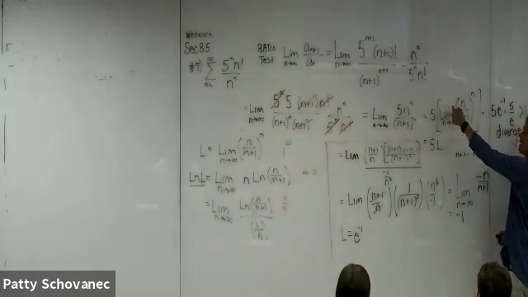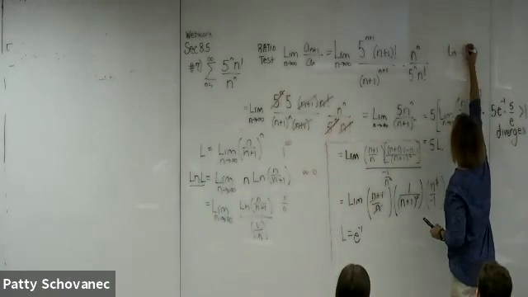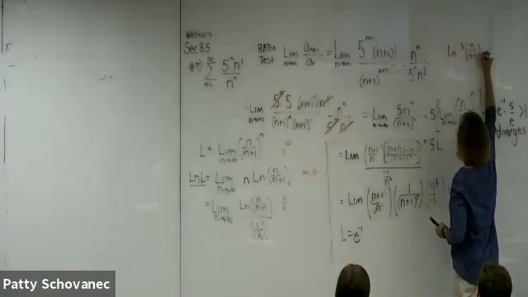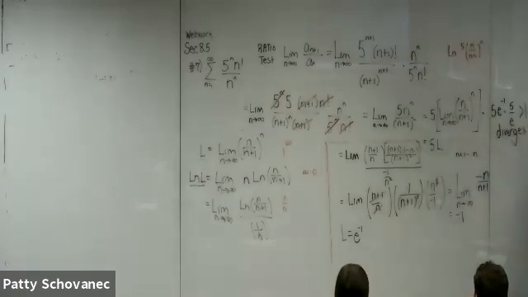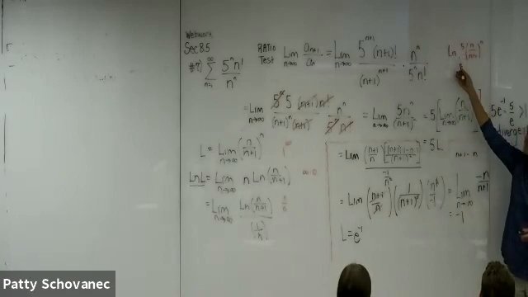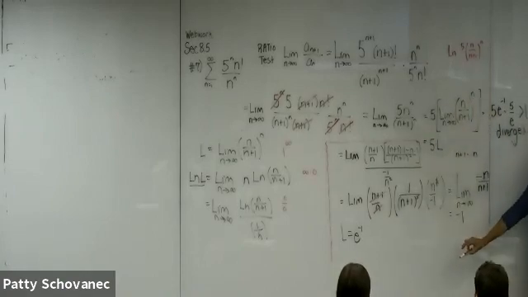And so I'd have the natural log of 5 times n over n plus 1 to the n, and I can't use that power rule until this is out of the way. So I could write that as the natural log of 5 plus the natural log of that thing and carry the log of 5 around.